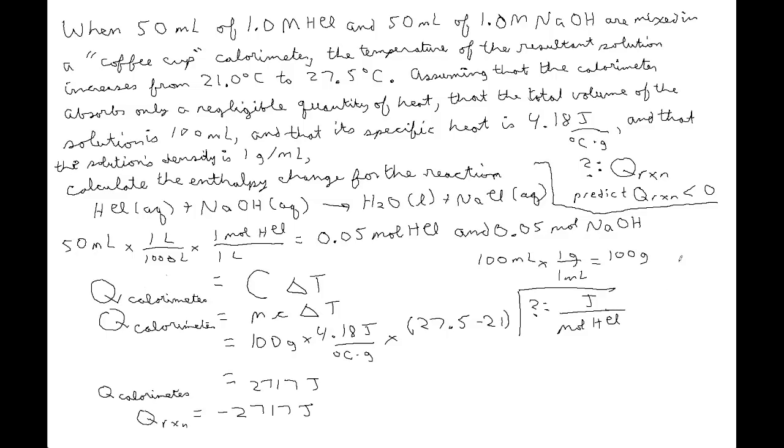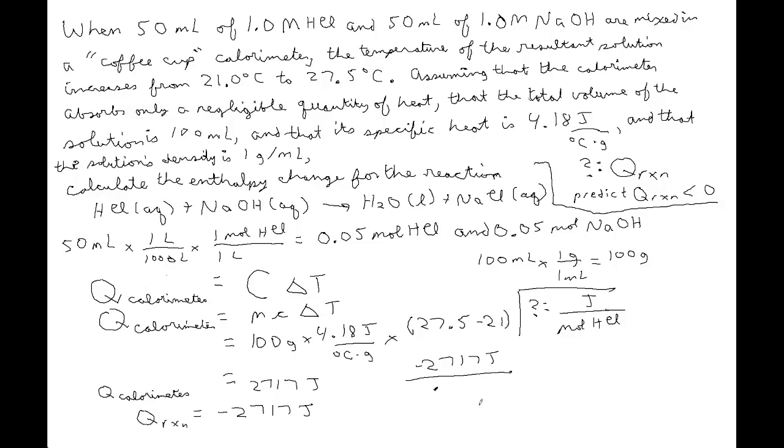So since we have half a mole of HCl, we can take our 2,717 divided by half a mole, and then that'll give us negative 5,434 joules per 1 mole of HCl. And since we have a 1-to-1 molar ratio, it'd also be negative 5,443 per 1 mole of NaOH. How many moles of HCl do we have?